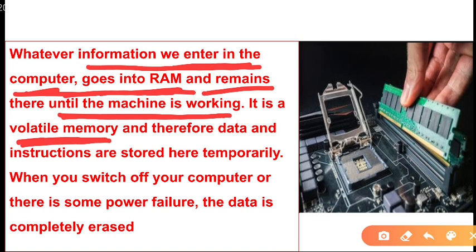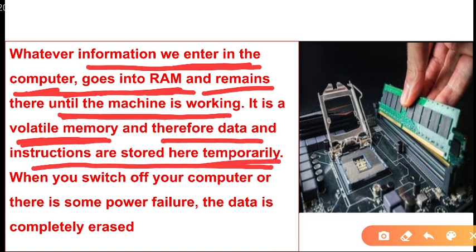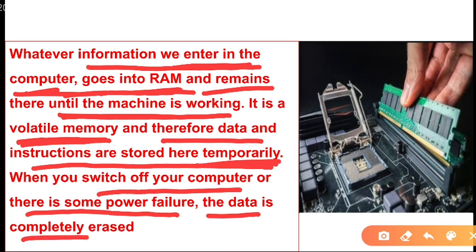Therefore the data and instructions are stored temporarily, not permanently. When you switch off your computer, or there is some power failure, the data is completely erased from the RAM. That's why RAM is a volatile type of memory.